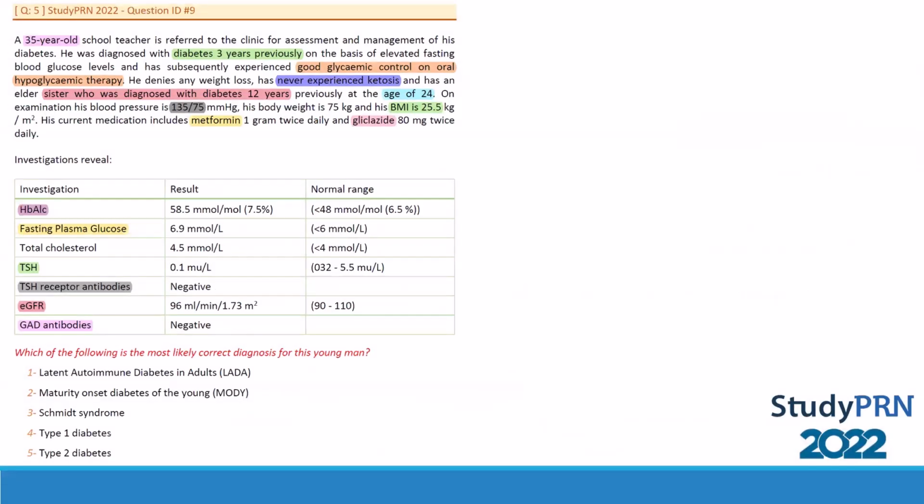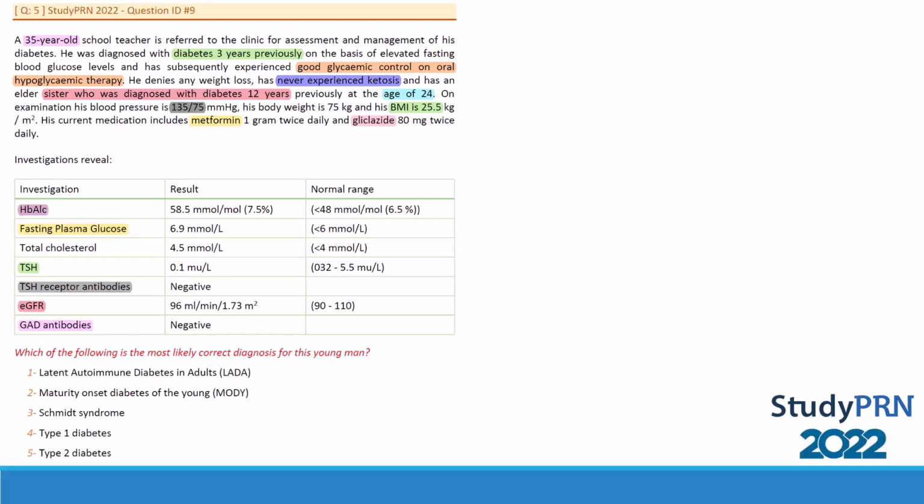And this question is from the study BRN. This is a 35-year-old school teacher presented with diabetes mellitus for 3 years with good glycemic control on oral hypoglycemic therapy, never experienced ketosis. Sister has been diabetic since the age of 12, and is now 24.